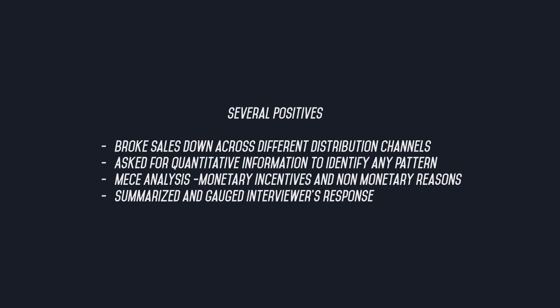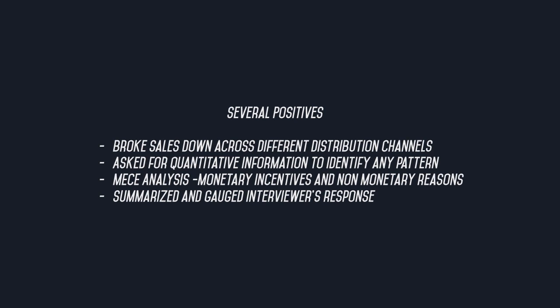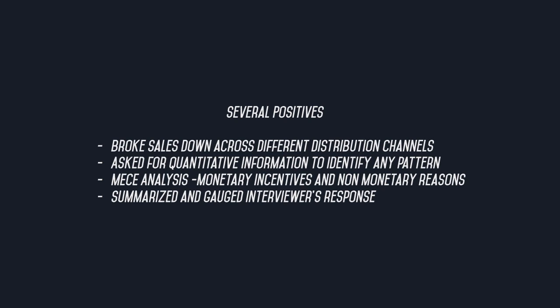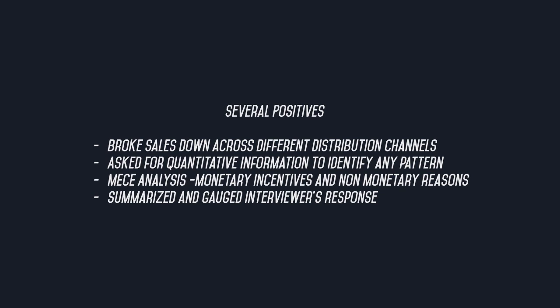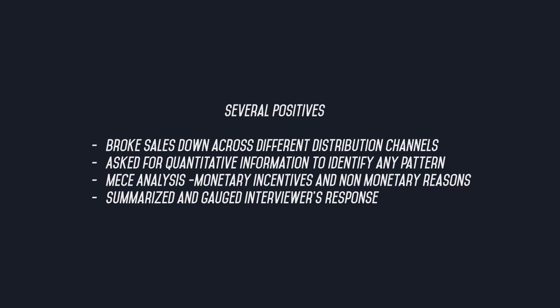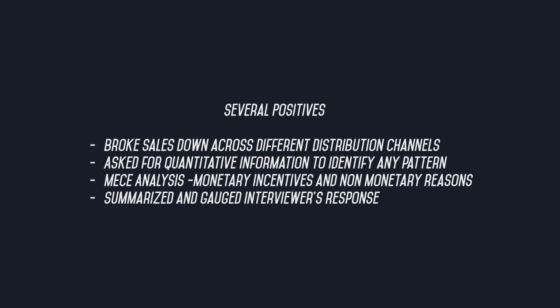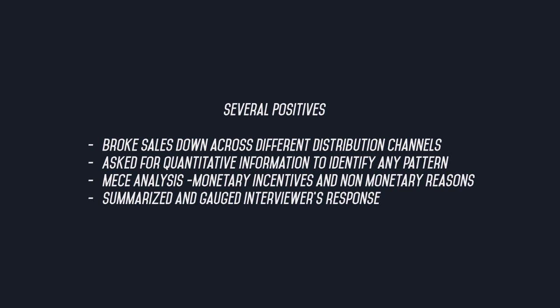The candidate has effectively analyzed the distribution branch of the value chain. He has asked for information like what are our different channels. He's also quantified the information by asking the split of each channel and if there has been a difference in sales decline across any of the channels. He then went on ahead to ask if there are any monetary incentives because of which our product is not being pushed as much as before, or non monetary reasons like size of the package which might be dissuading the distributor.